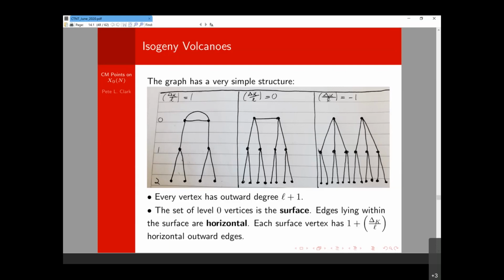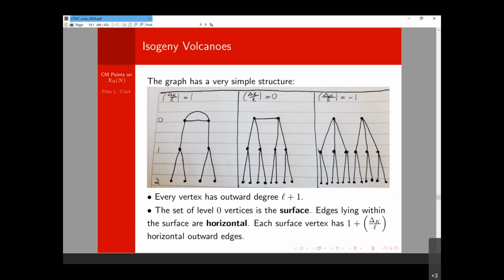We'll say there are three types of edges: horizontal, ascending, and descending. The horizontal edges are the edges that run between surface vertices. If L splits in the CM field, then every surface vertex has two outward horizontal edges. If L ramifies, every surface vertex has one outward horizontal edge.